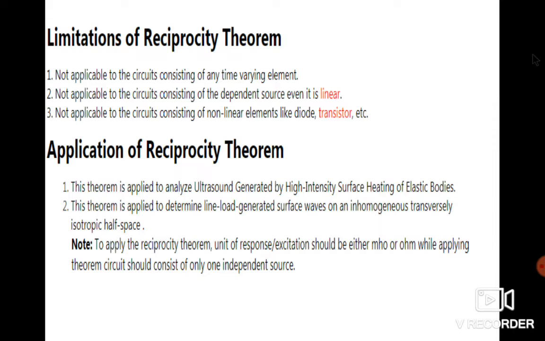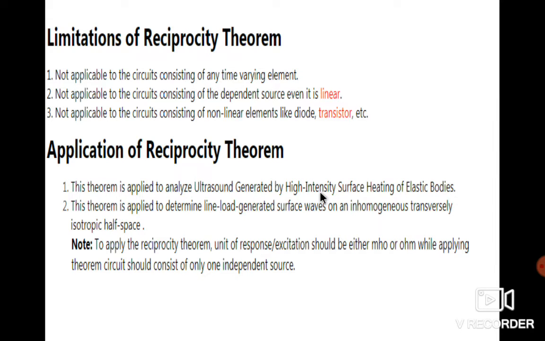Earlier I said that there are some limitations of the reciprocity theorem. It is not applicable to time varying elements. It is not applicable to circuits consisting of dependent sources, and it is applicable to linear circuits, not circuits consisting of non-linear elements like diodes, transistors, etc. As for the applications, the theorem is applied to analyze and understand the generality of high intensity source heating and elastic bodies.